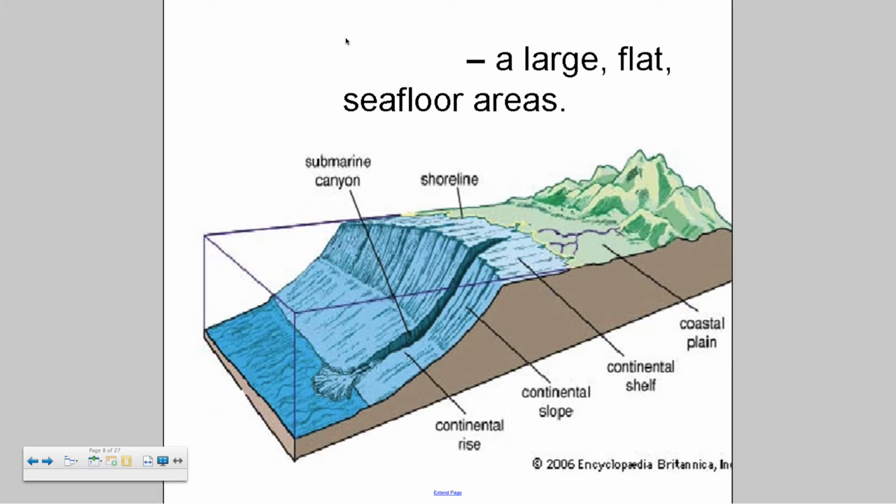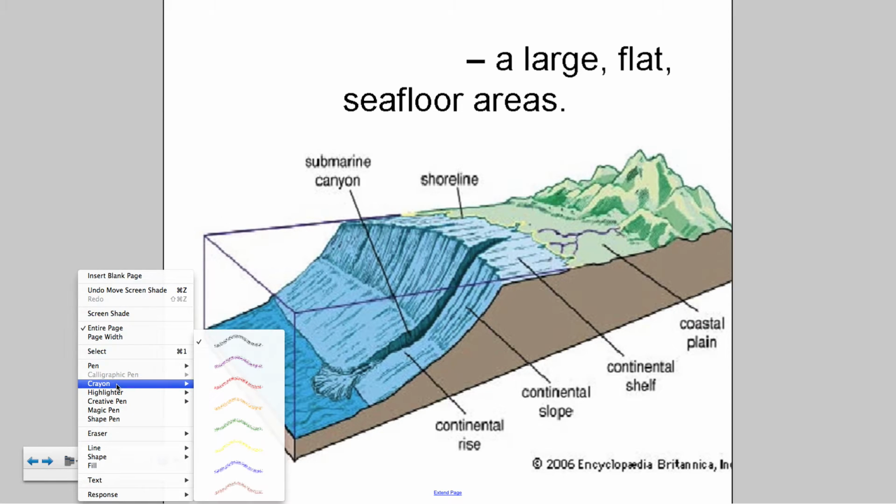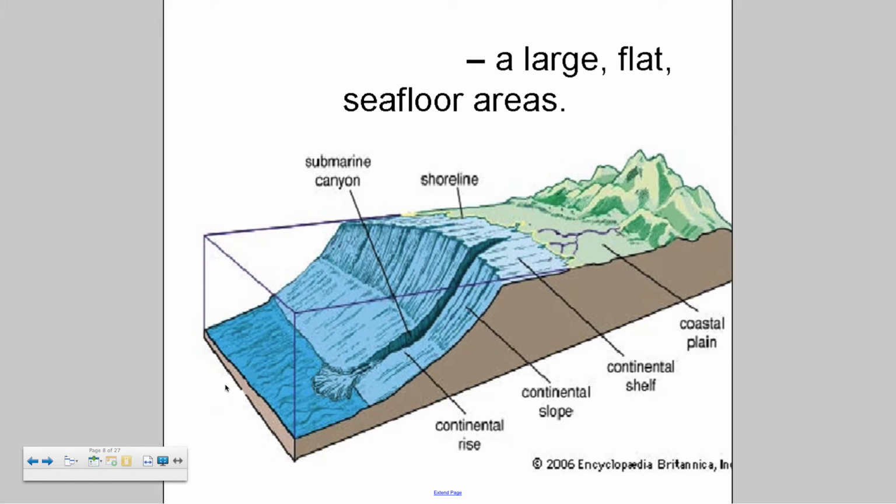All right, now we're done with all this. We're about to enter the part that we as humans can't enter if we don't have special equipment. Here is our lower part, the bottom of the ocean floor, and it's normally a flat area.